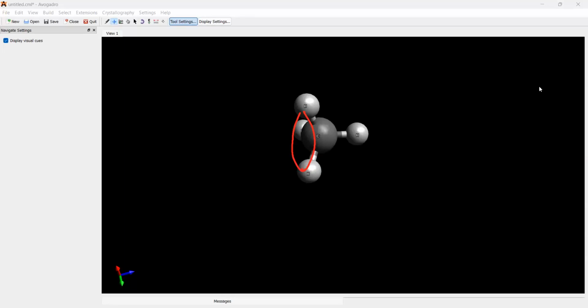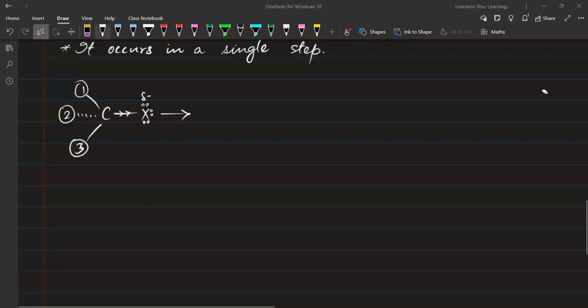हाँ जी, देखो. Now what will happen, this nucleophile is going to attack from the behind, because वही एक यहाँ पे available path है. So nucleophile is going to attack from the behind like this. And as the nucleophile is going to put electron density on the carbon atom, this carbon atom will be breaking the C-X bond slowly and slowly.